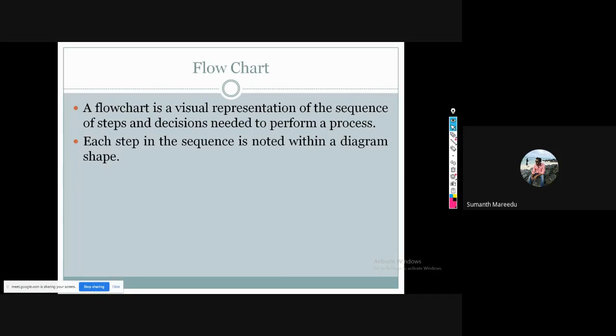But simply by looking at the symbol itself, you can identify the purpose of this step: to get the input, or to display the output, or to perform some operation. You can identify it easily, even without reading. If you read the text inside that symbol, then you can identify the actual step that is happening there.